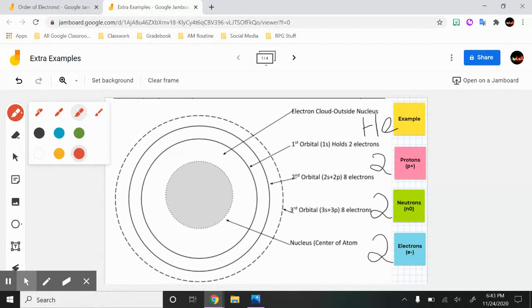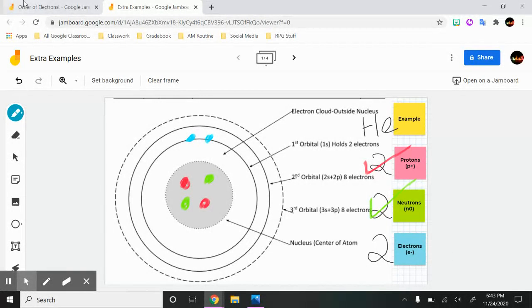We always start by putting our protons and our neutrons in the nucleus. So our protons go into the nucleus and our neutrons go into the nucleus. Now, helium has only 2 electrons, so we put those first 2 together on the first ring.